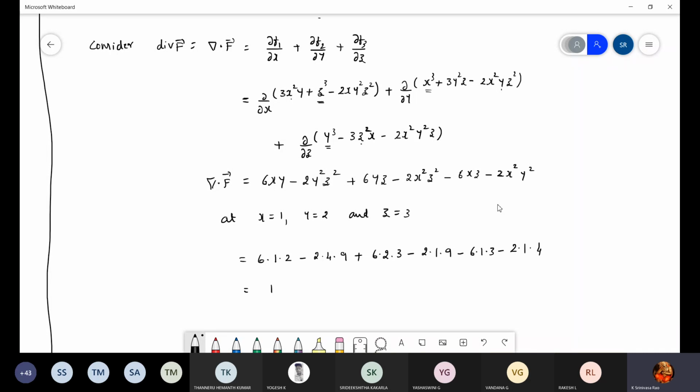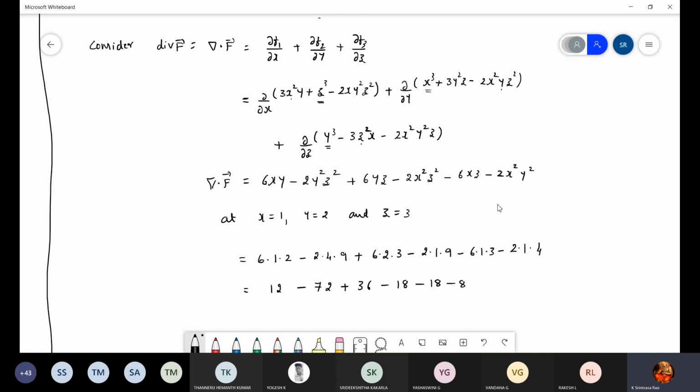So that gives 12 minus 72 plus 36 minus 18 plus 8 minus 18, then minus 8.